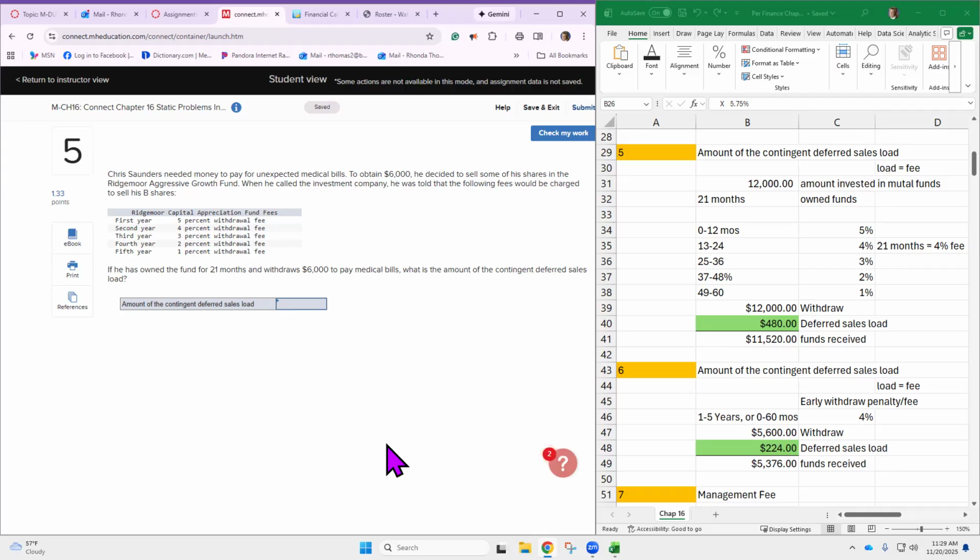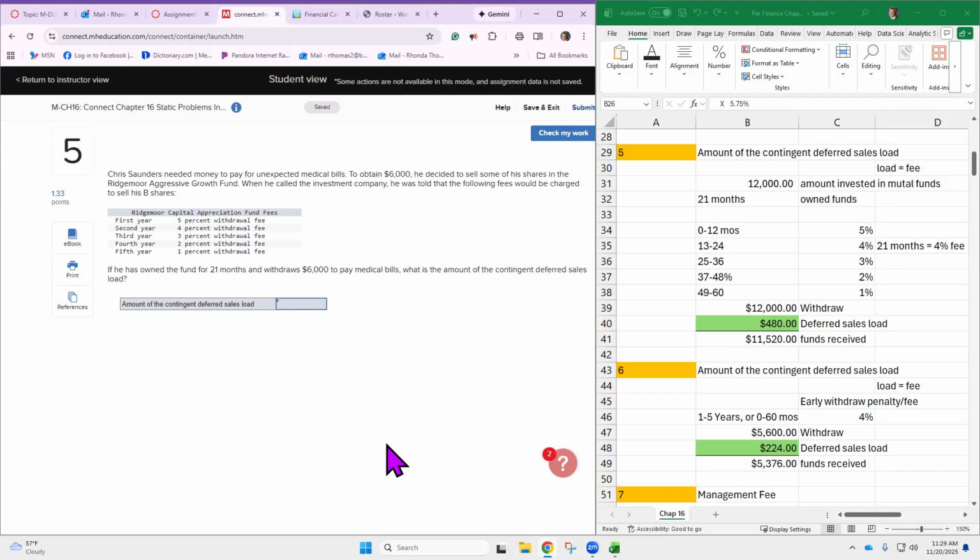All right, so if he has owned the fund for 21 months and withdraws $6,000 to pay medical bills, what is the amount of the contingent deferred sales load? The word load means a fee, okay? The word load means a charge, a fee or a charge, okay?